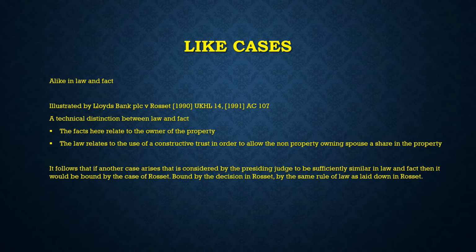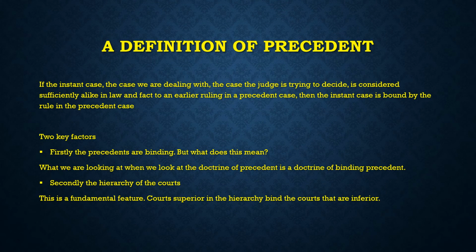Due to precedent, it follows from this that if another case arises that is considered by the presiding judge to be sufficiently similar in law and fact, then it would be bound by the decision in Rossett, by the same rule of law as laid down by the judges in Rossett. So, continuing with this line of thinking, there are some matters of definition that we need to deal with.